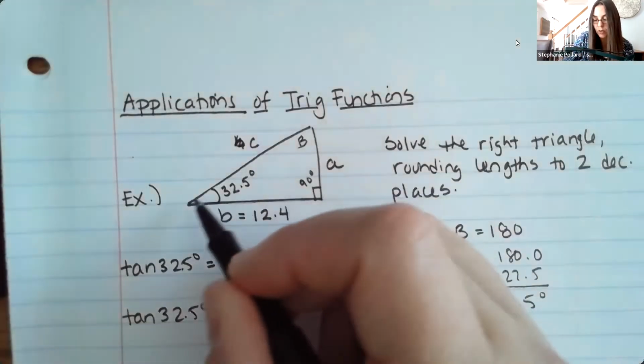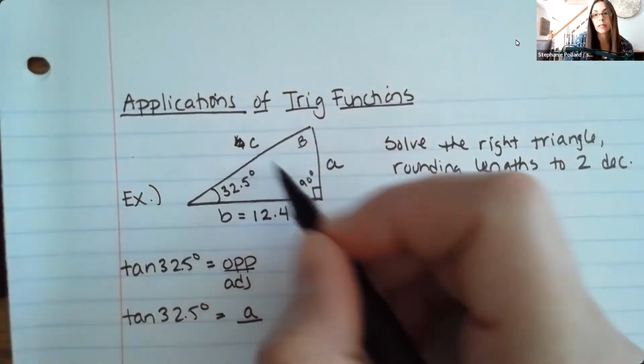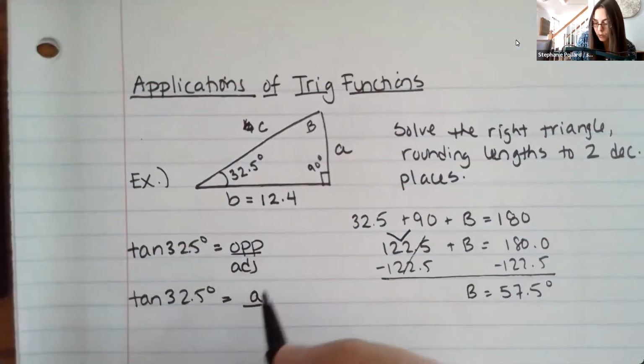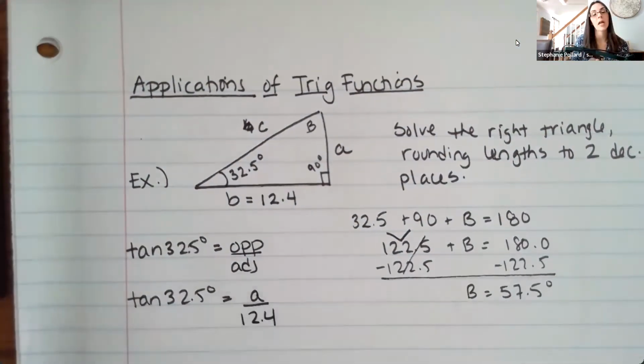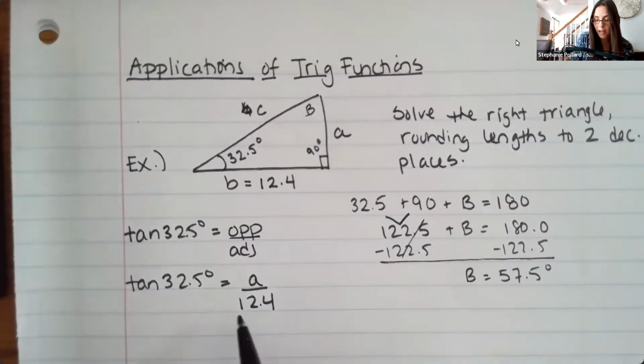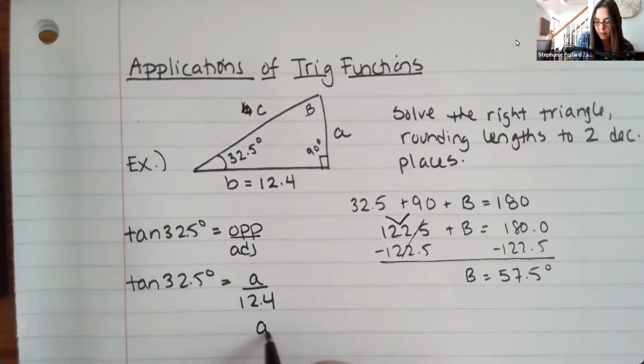Remember, your hypotenuse will be across from the 90 degrees, so that would not be one of the sides we're using for tangent. So it's the 12.4. What I can do now is solve that equation, so I can multiply both sides by 12.4.